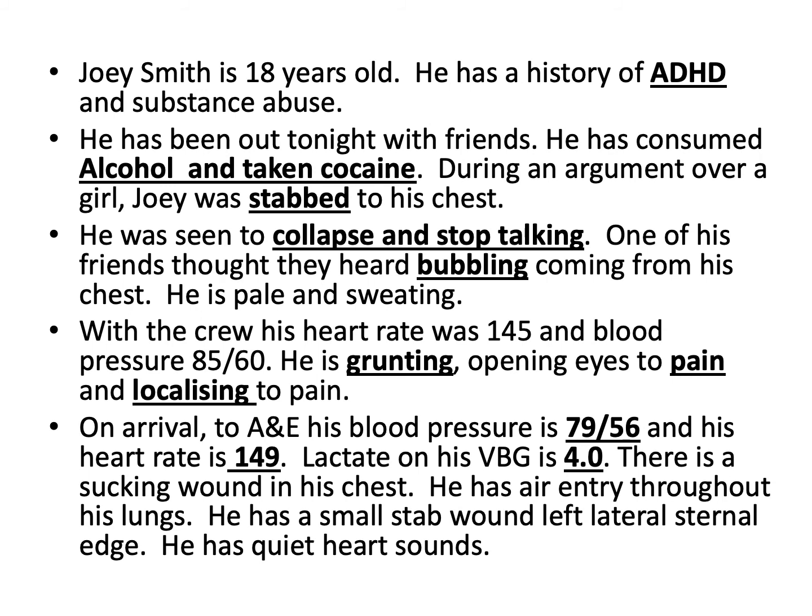He has then collapsed and been seen to stop talking with audible bubbling coming from his chest. His observations with the crew are that he's tachycardic and hypotensive. He is grunting, opening his eyes to pain and localizing to pain. And he still remains tachycardic and hypotensive on arrival to the emergency department with a lactate of 4.